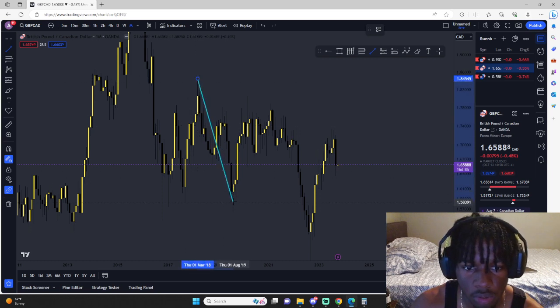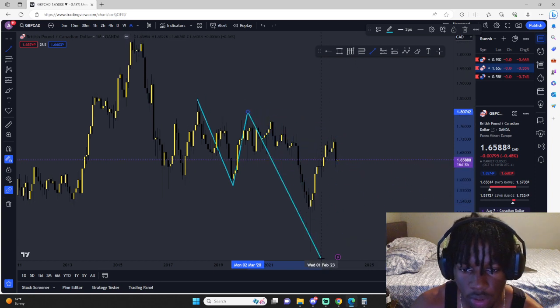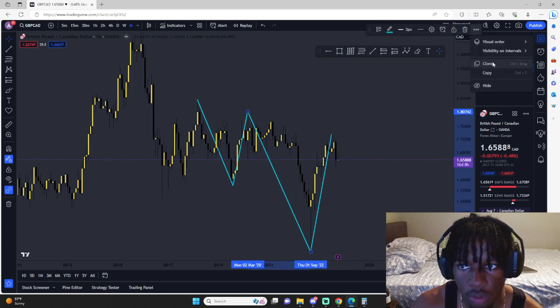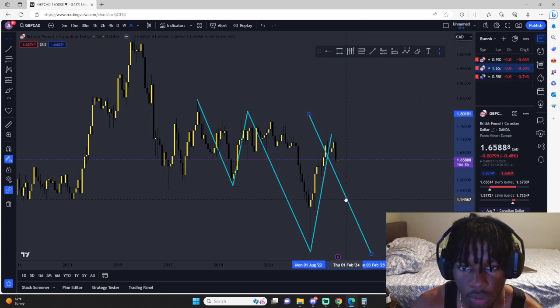Shoots down, shoots up, shoots down again. So we can see on the monthly time frame, we have a downtrend.